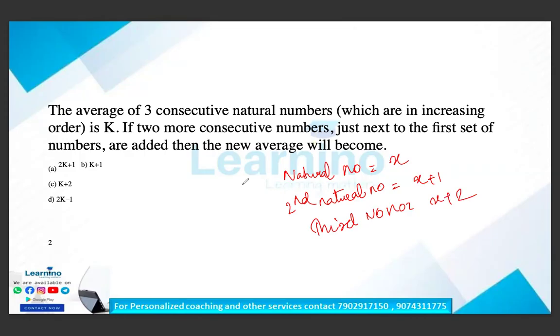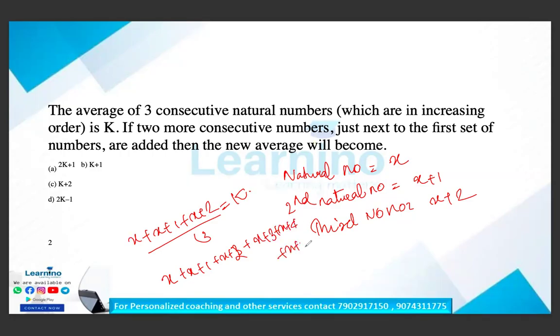The average of 3 consecutive natural numbers in increasing order is k. So (x plus x plus 1 plus x plus 2) divided by 3 equals k. Next numbers are also added: x plus 3, x plus 4.